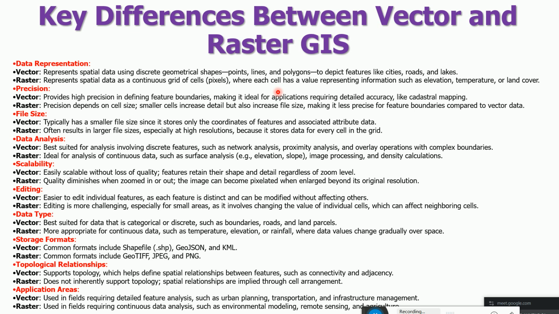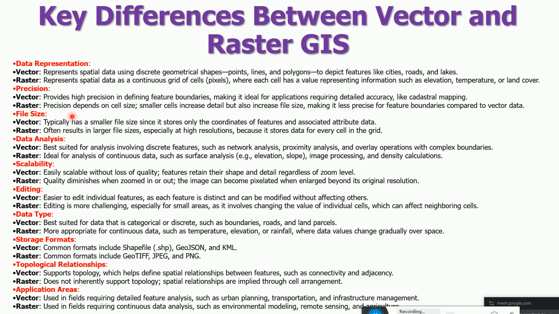Now come to the precision. Precision in vector data provides high precision in defining feature boundaries, making it ideal for applications requiring detailed accuracy like cadastral mapping. In the case of raster, precision depends on the cell size.